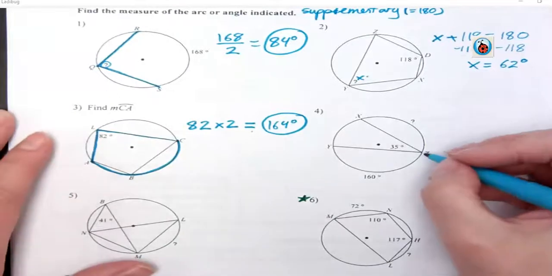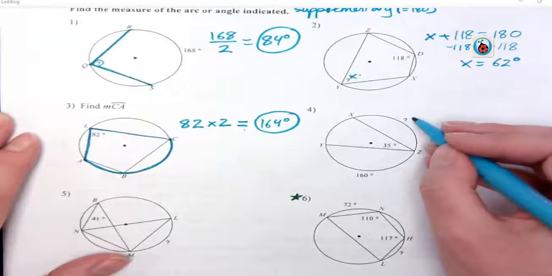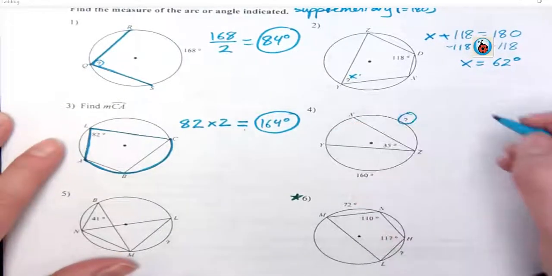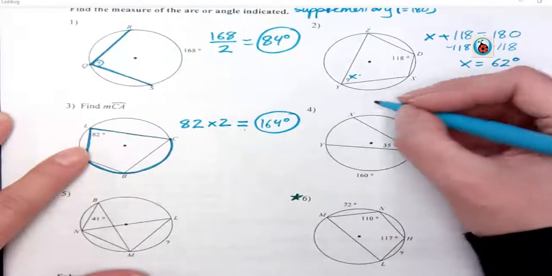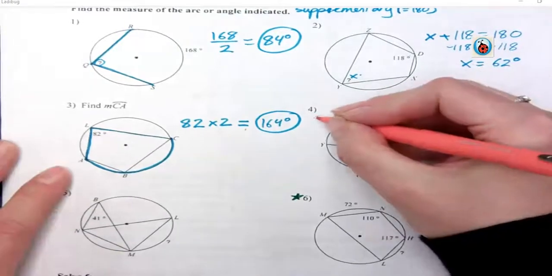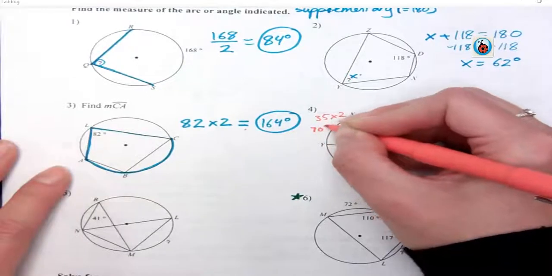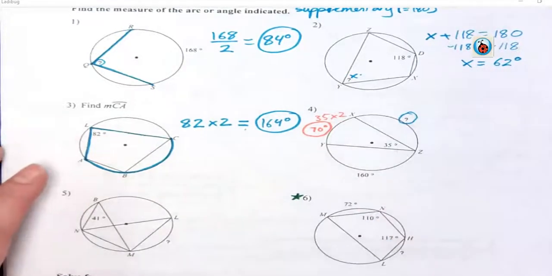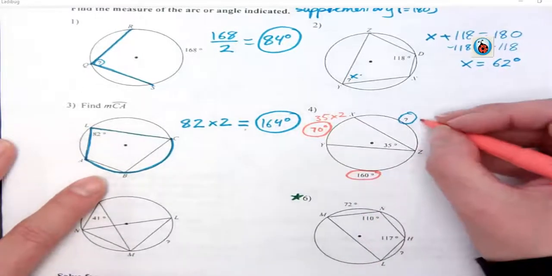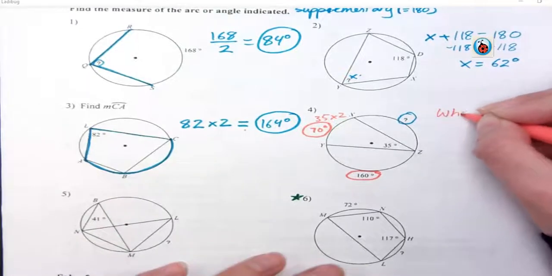Problem 4 has a little bit more. So we don't have anything directly related to our question mark here. So we're going to start by doing our 35 times 2. I'm going to switch colors here. So this is 35 times 2, which gives me 70 degrees right here. And then I have 70, I have 160, and I have my question mark to equal whole circle, which is 360.